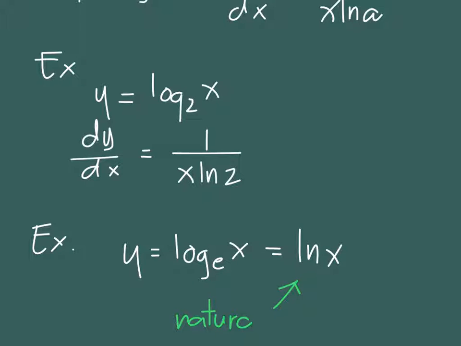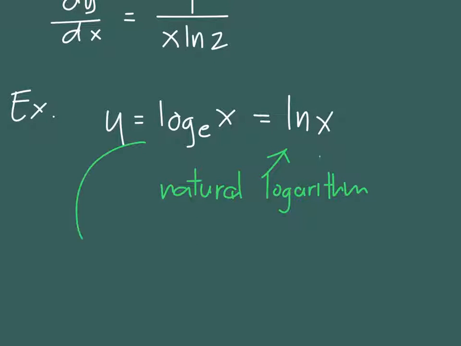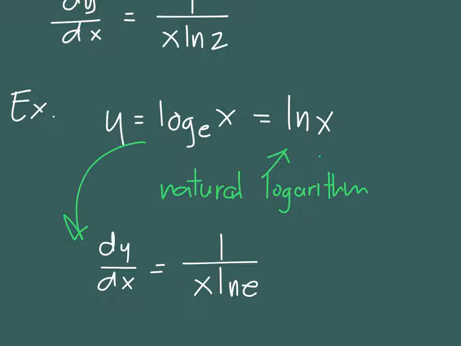But let us apply the rule first on the log version so that we can see what will happen. dy dx is 1 over x ln of the base, but the base is e. But what is ln e? 1. So it's 1 over x times 1, or simply 1 over x.